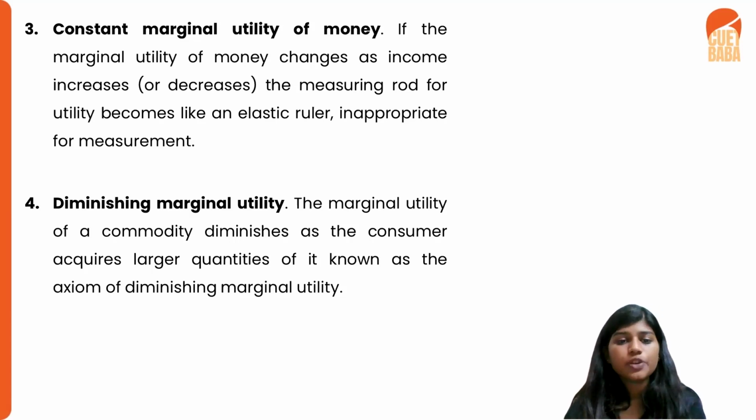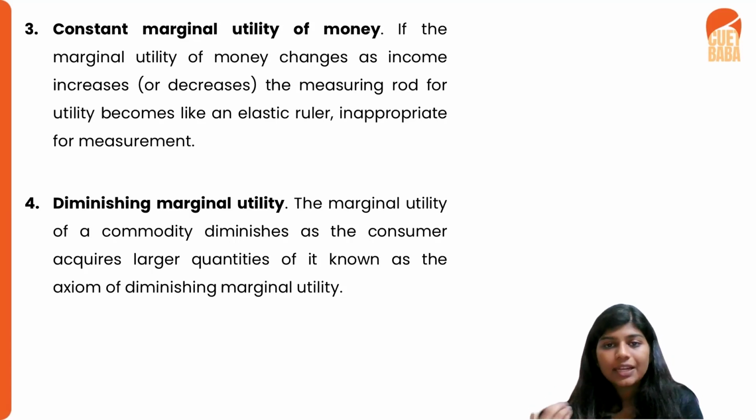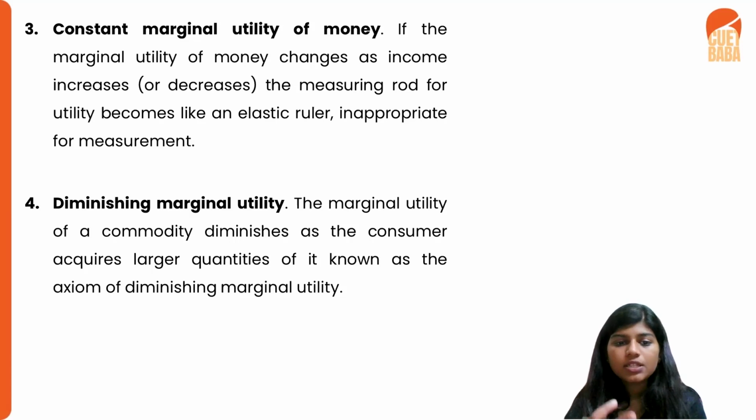Then we have diminishing marginal utility. So as I mentioned earlier, what is marginal utility? Marginal utility is, with the addition of one more unit of consumption, does the level of utility increase or not? Here it says it's diminishing marginal utility.